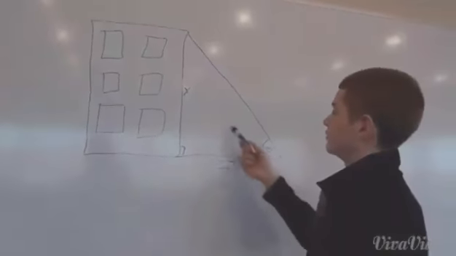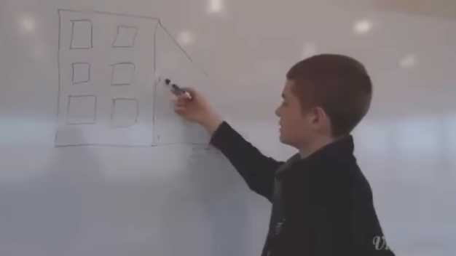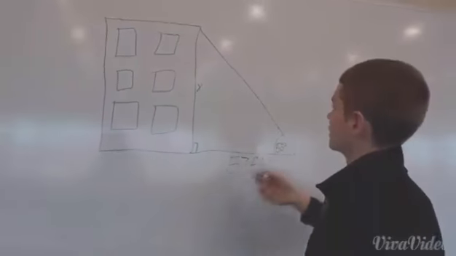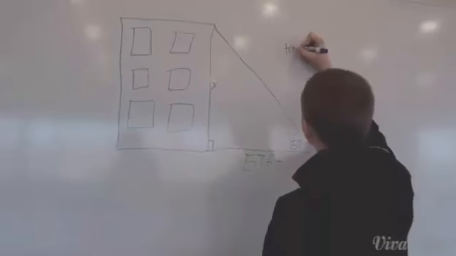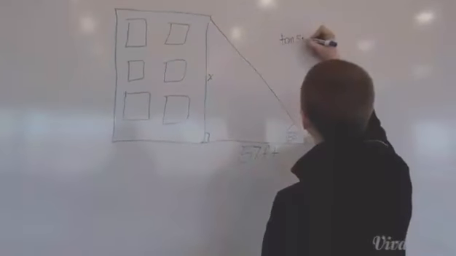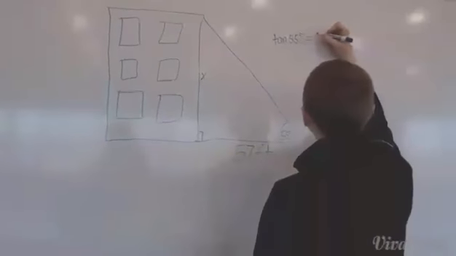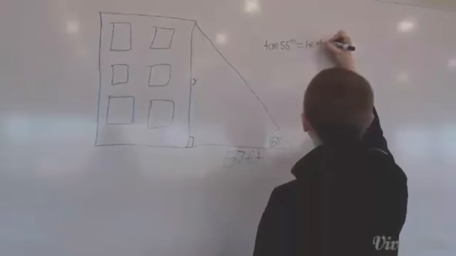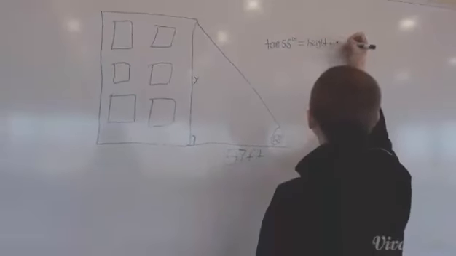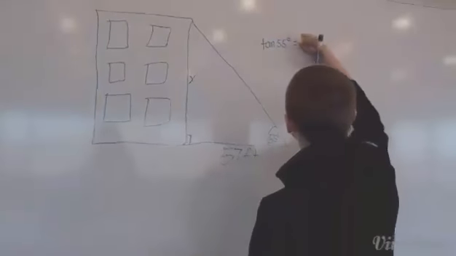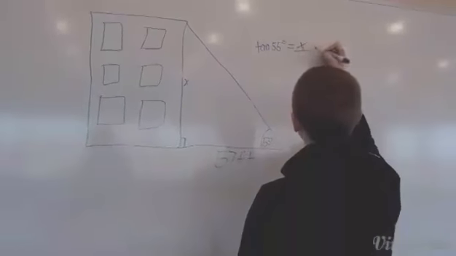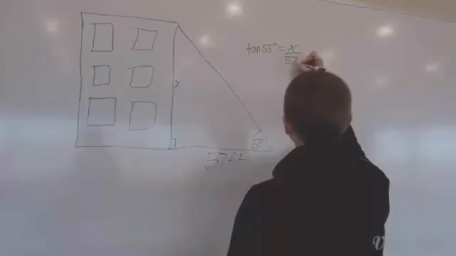To find the height, we can use tangent because this is the opposite and this is the adjacent line. So it'd be the tangent of 55 equals x over 57.